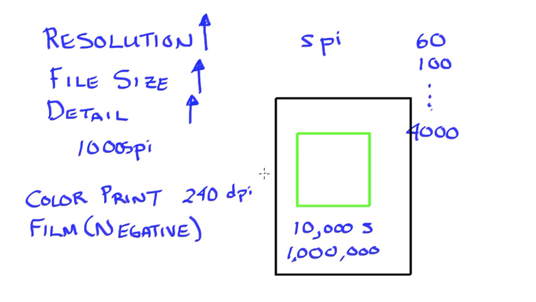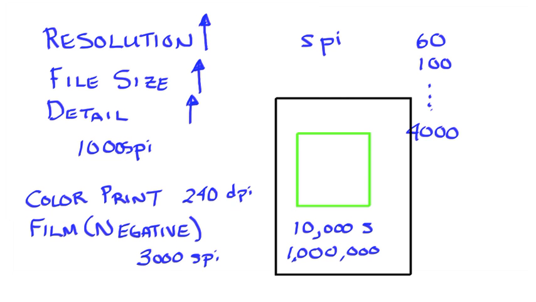So you can scan those maybe as high as 3,000 samples per inch in order to maximize the amount of detail that's going to be in your scan. So you have to look at the kind of copy that you're going to be scanning as to what the maximum you're going to be able to scan that at without simply making the file size bigger and not gaining any additional detail in that scanned image.